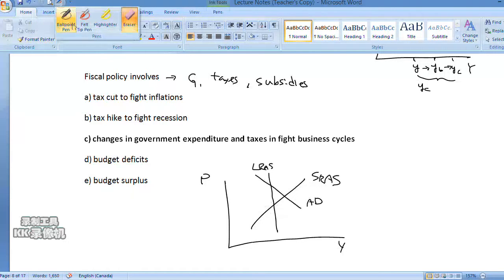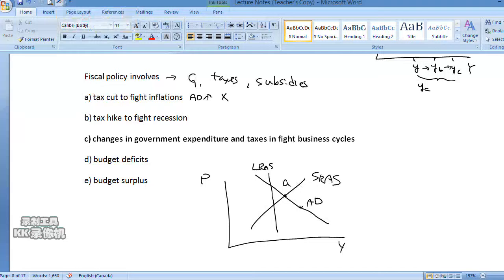Okay, so let's say currently the economy is overproducing and there is an inflationary gap. So if there is a tax cut, this will shift the AD curve to the right, and this would not help in this case. If you shift it to the right, price is just going to increase. So that is not true.